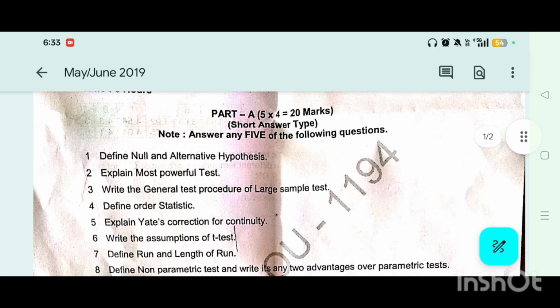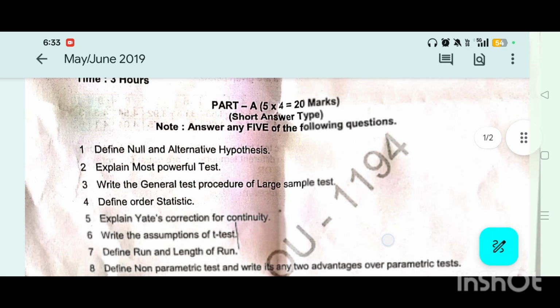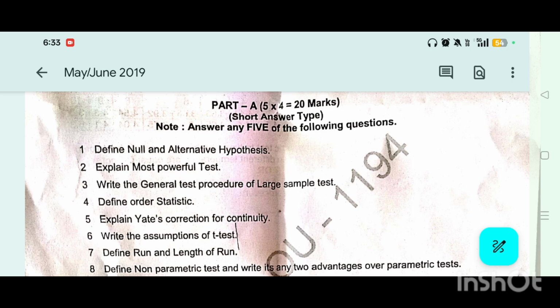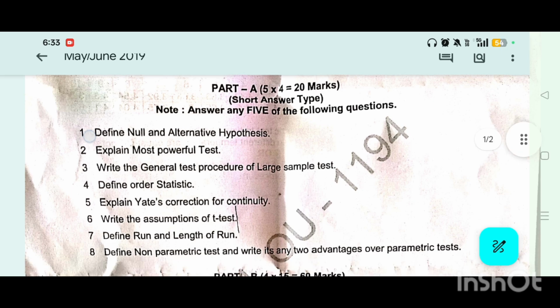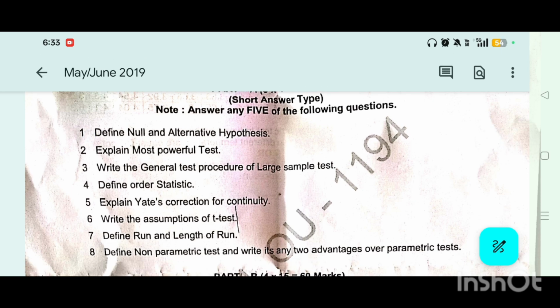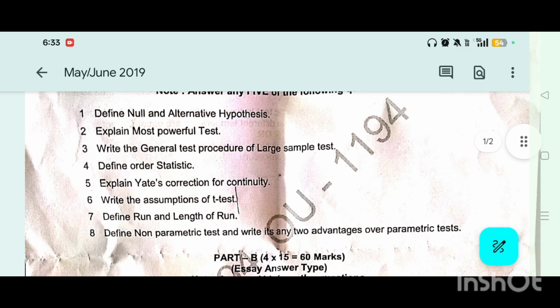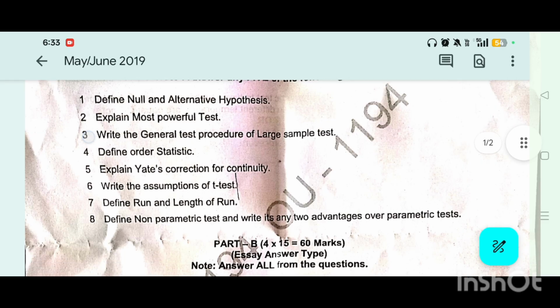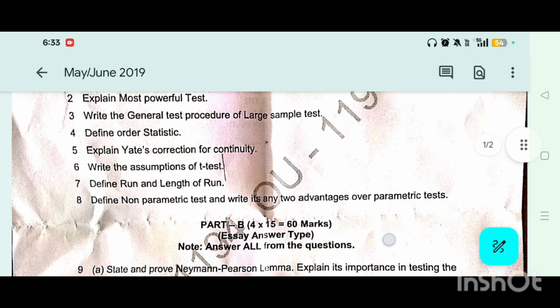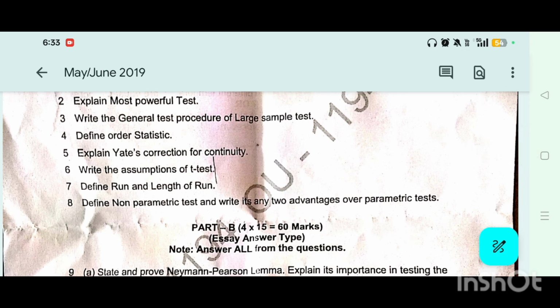Just see the questions: define null hypothesis and alternative hypothesis, explain the most powerful test, write the general test procedure of large sample test, define order statistics, explain correction for continuity, write the assumptions of t-test, define run and length of a run, define non-parametric tests and write any two advantages over parametric tests.